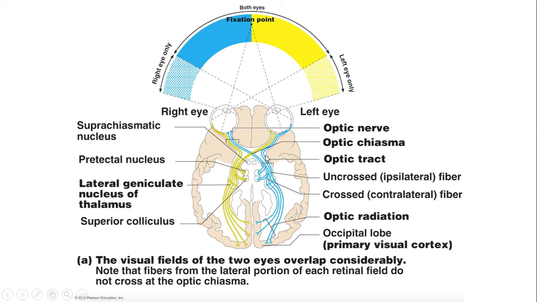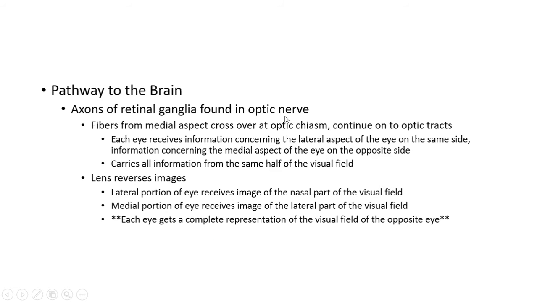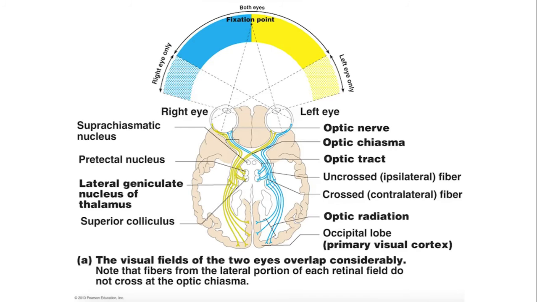Okay, and then they eventually continue on to something called the optic tracts. So fibers from the medial aspect cross over at the optic chiasma, continue on to the optic tracts, and each eye receives information concerning the lateral aspect of the eye on the same side. Let's see what that looks like.